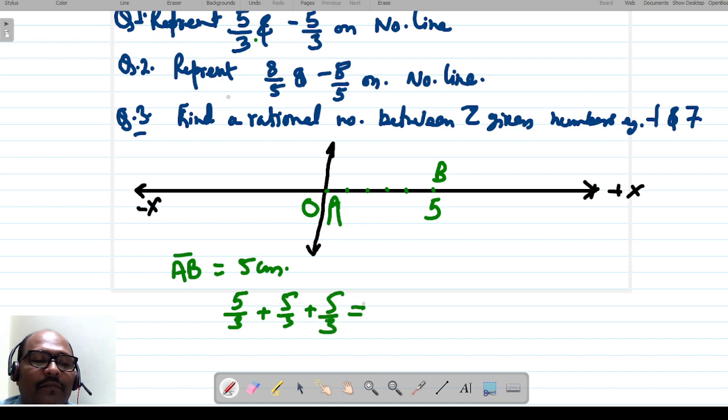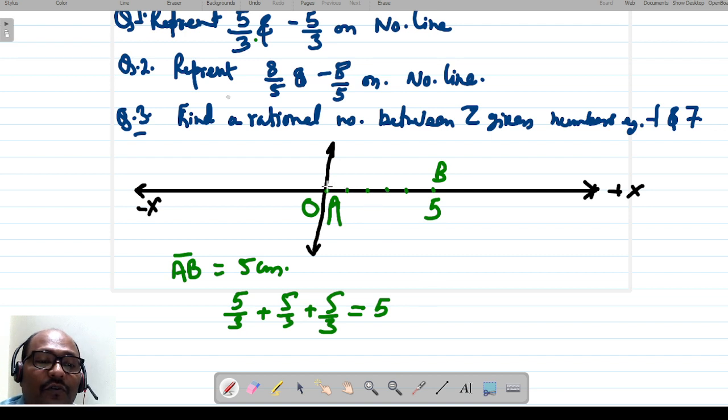When you add up, you will get 5. So in 3 equal intervals you have divided it, right? We will see how it will happen. We'll take some smaller margin and try to represent it.